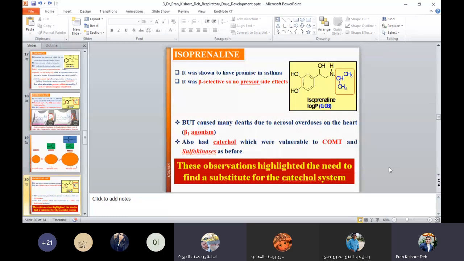Which one will bind to alpha and why? Ephedrine and adrenaline, because they have a methyl group attached to N, so it will fit the pocket of alpha receptors.